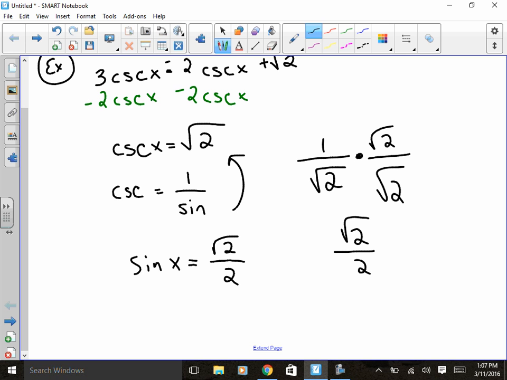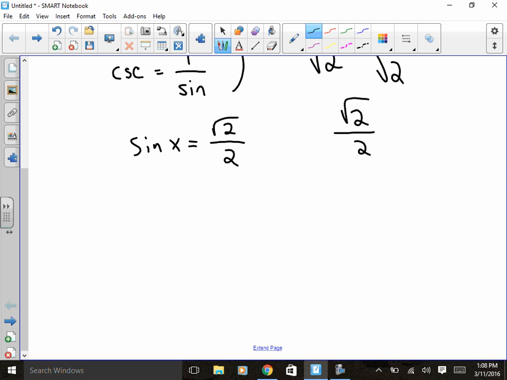So now I can use the unit circle in order to figure out what radian measures give me that square root 2 over 2. When I'm looking at the unit circle, remember that the square root of 2 over 2 is on the right, so it's our y-coordinate. And we see that x has to be then pi over 4 or 3 pi over 4. But here's the thing.